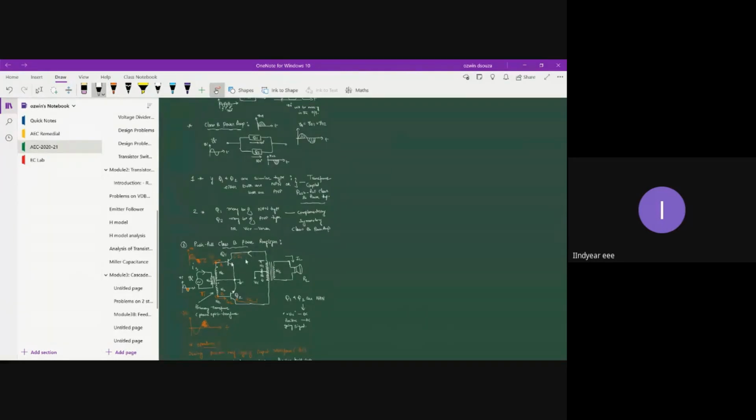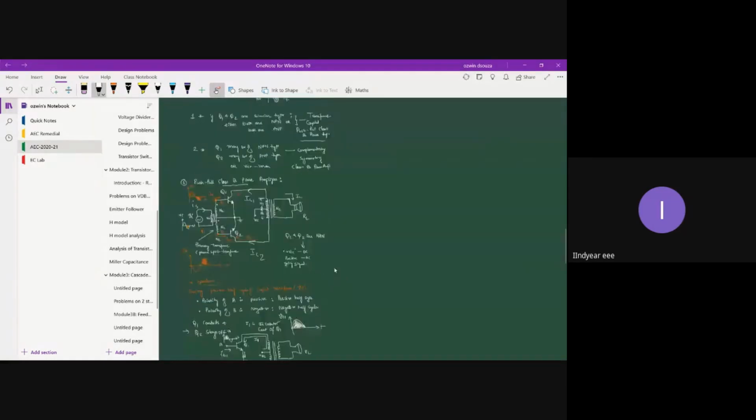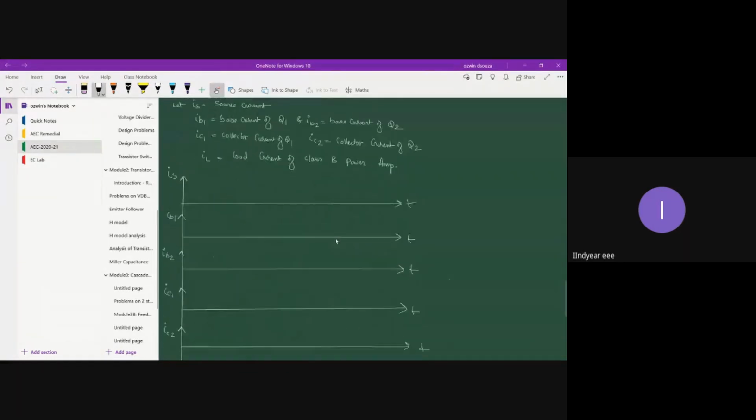Nevertheless, let me mark this as IC1, the RMS value. Similarly, let me mark the lower collector current as IC2. Capital IC2 simply refers to the RMS value, so you shouldn't get confused with that.